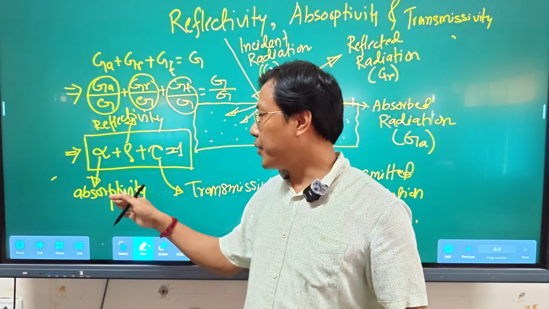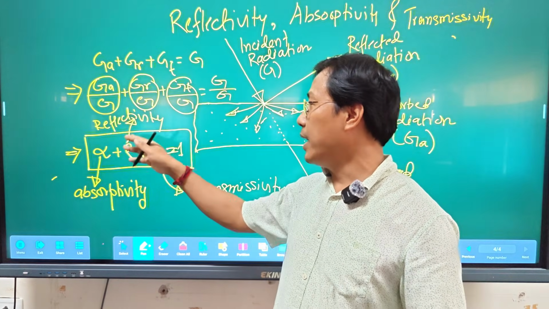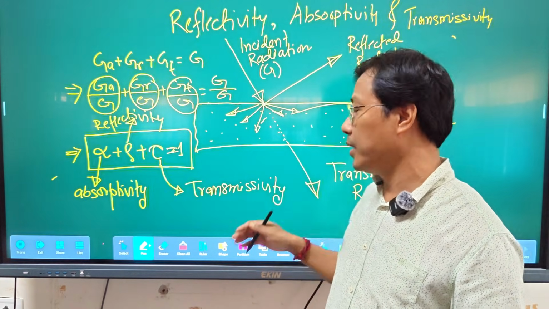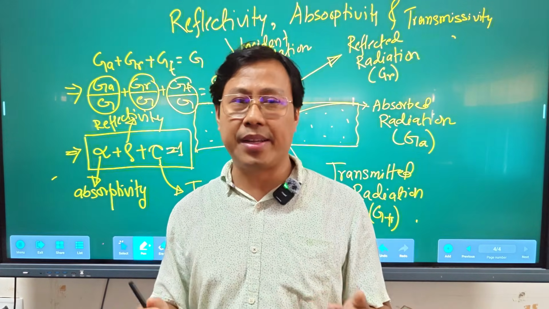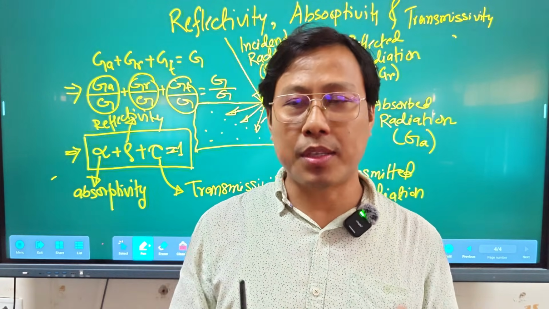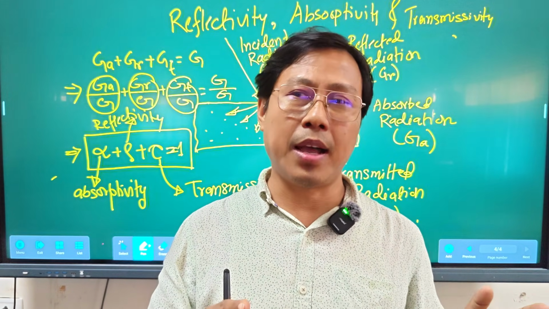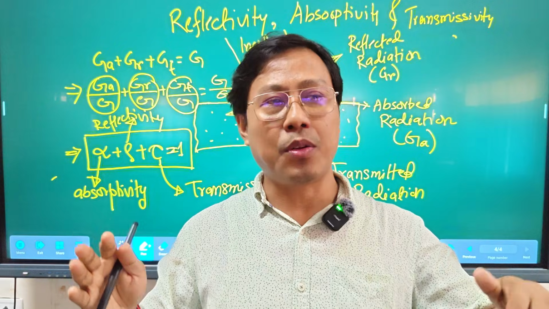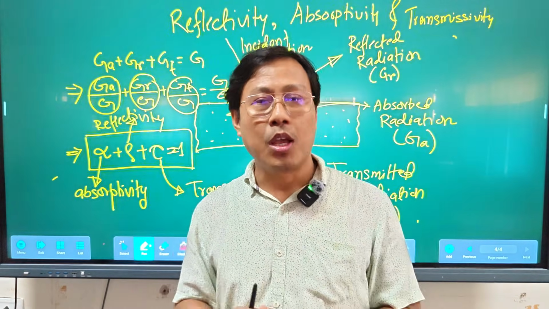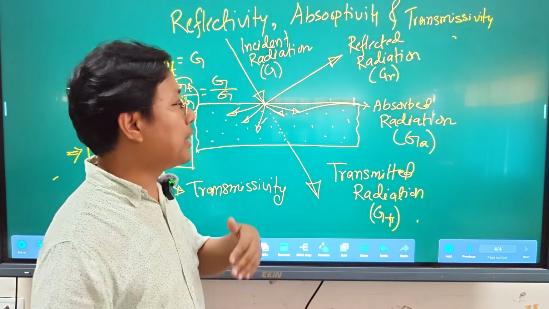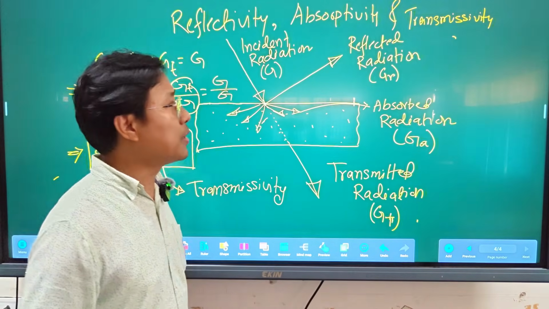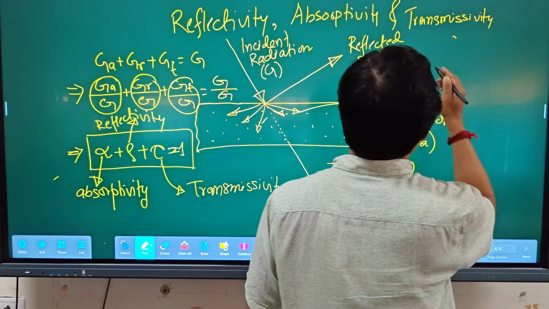Depending on these three properties, absorptivity, reflectivity and transmissivity, we can divide different materials and bodies subjected to radiation heat transfer. So we can classify the materials. Moving ahead to define different bodies, we have the black body.